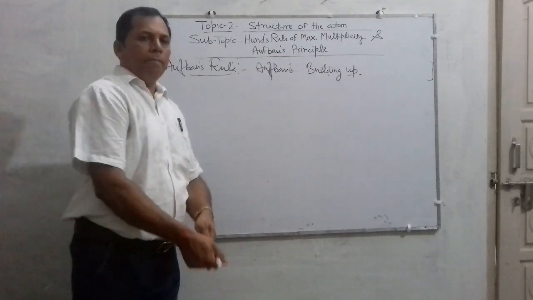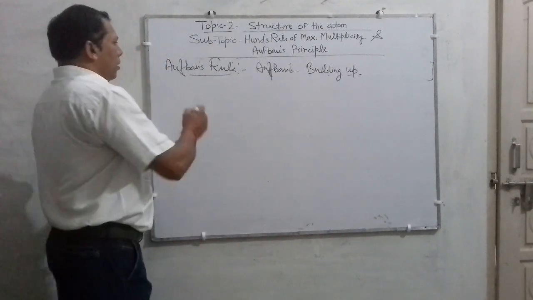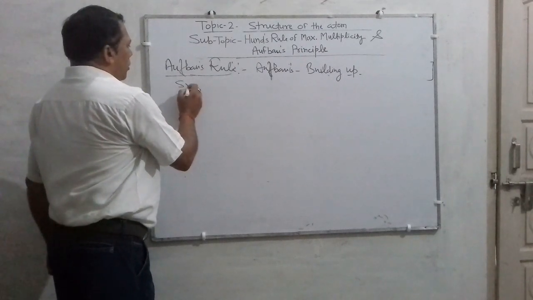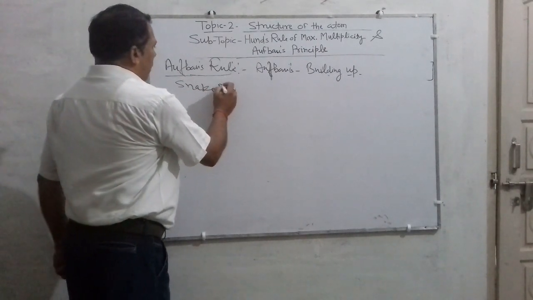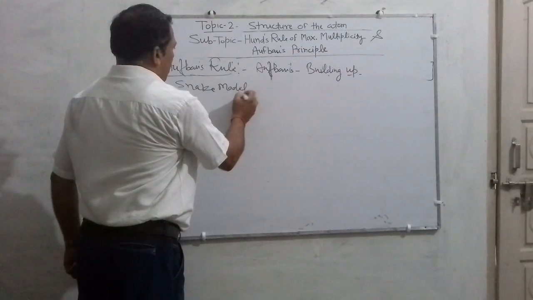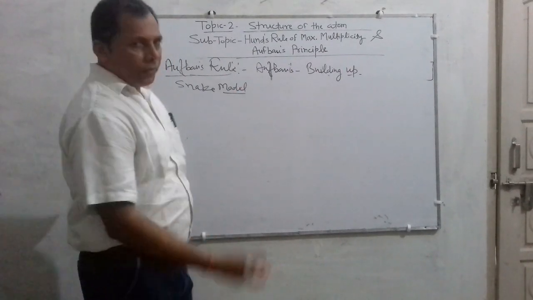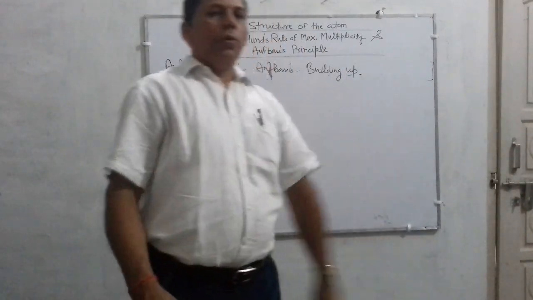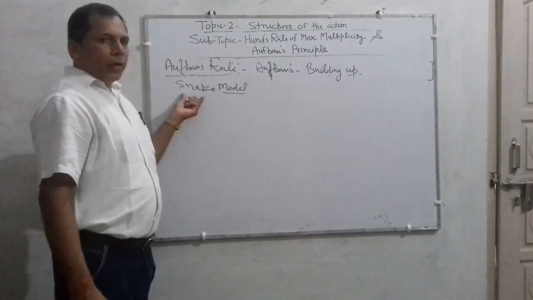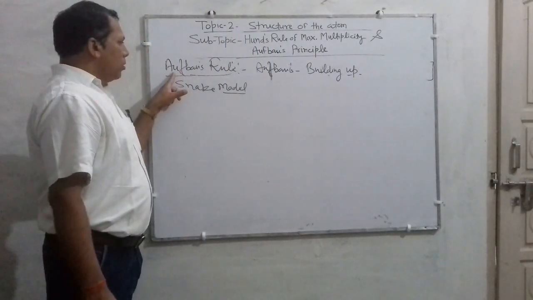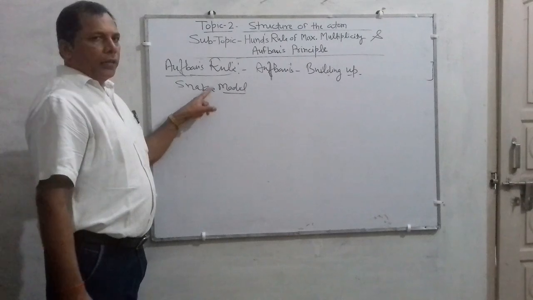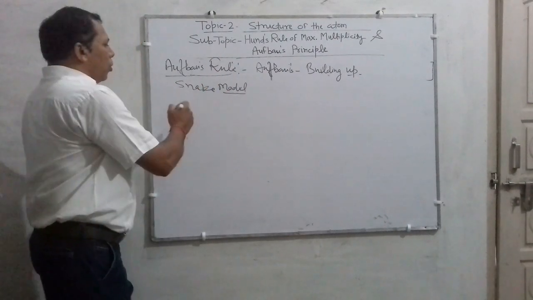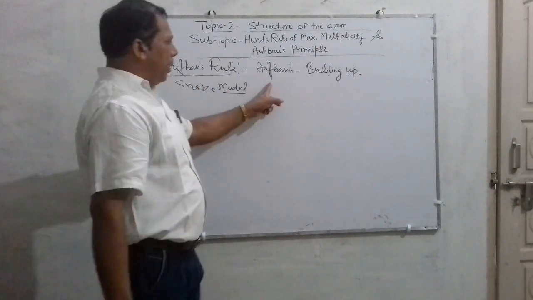One thing to know: this model is also known as the snake model. Why snake model? I am going to show you, but before that, let us know a simple example of this principle.